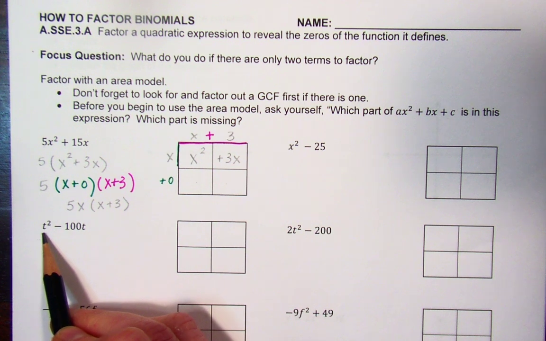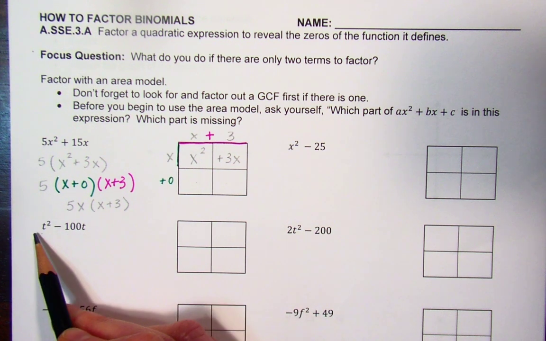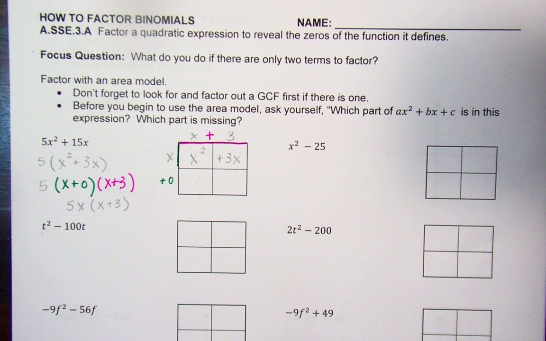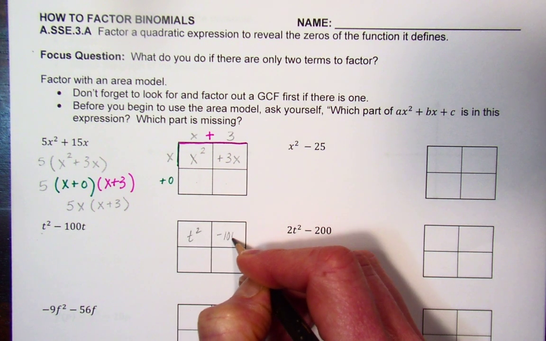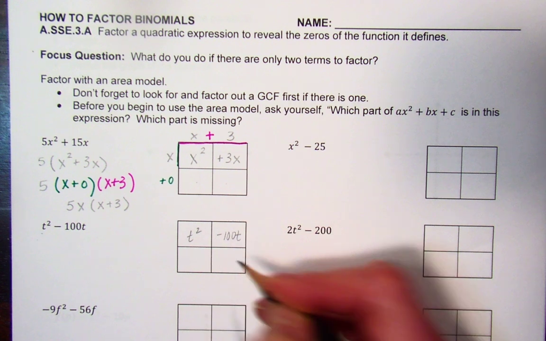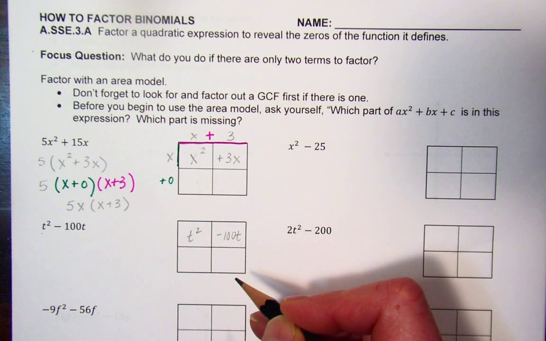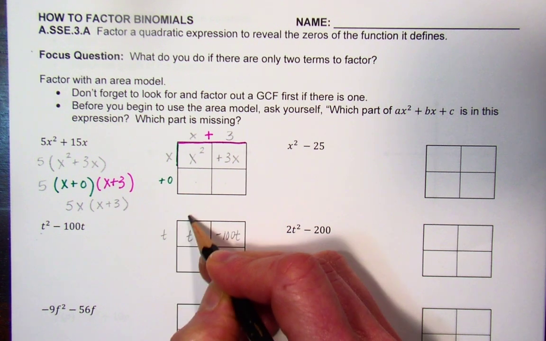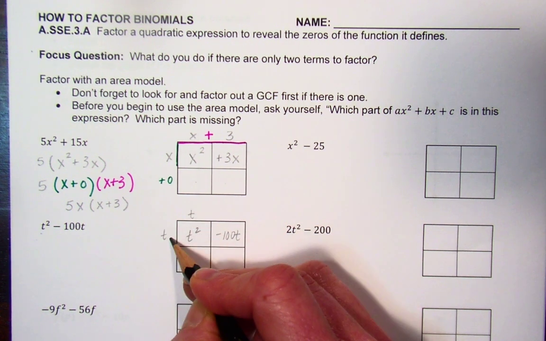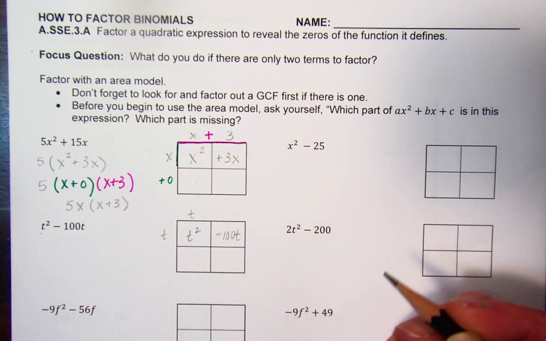We've got t squared minus 100t. There is no greatest common factor other than 1 to factor out here, so I'm just going to write t squared minus 100t, and again I'm not going to use either one of these portions of the area model. What times what makes t squared? T times t. T times what makes negative 100t?